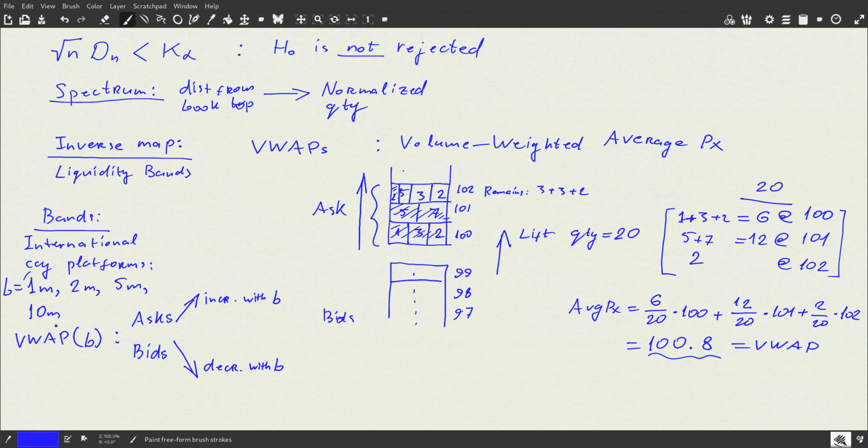Okay. So you take standard bands and you construct those VWAPs.